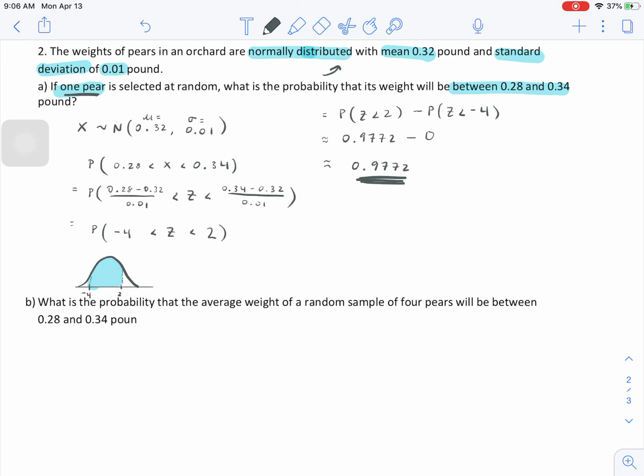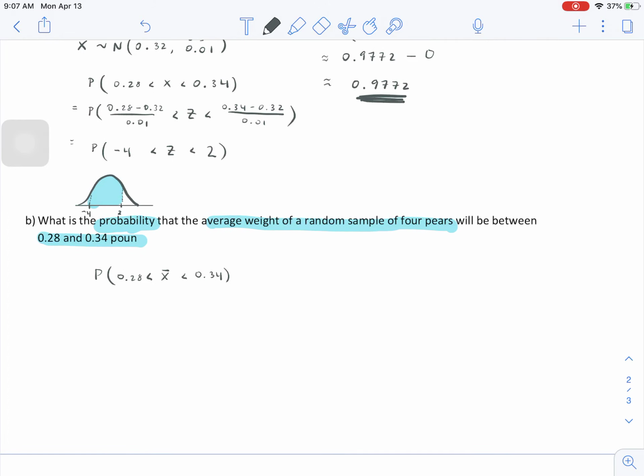Okay. Part B, we want to figure out the probability that the average weight in a sample of 4 pears will be between 0.28 and 0.34. So in other words, we want to find the probability that the sample mean is between 0.28 and 0.34.